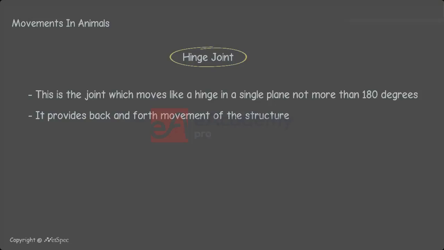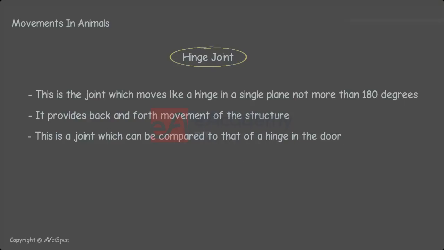So here we can see a hinge joint. Here, the knee joint. This joint can be compared to the hinge in the door. Examples of hinge joints are elbow joints.